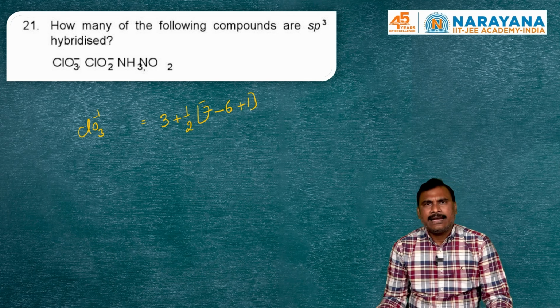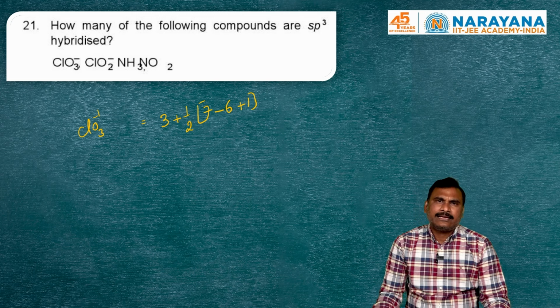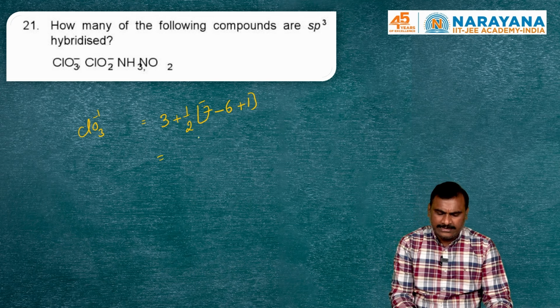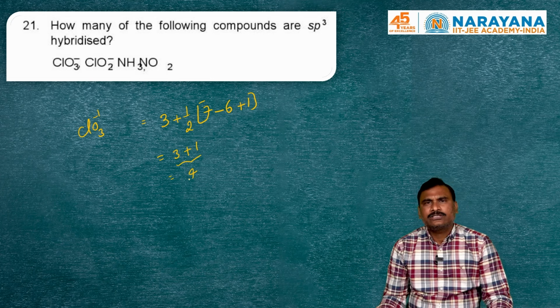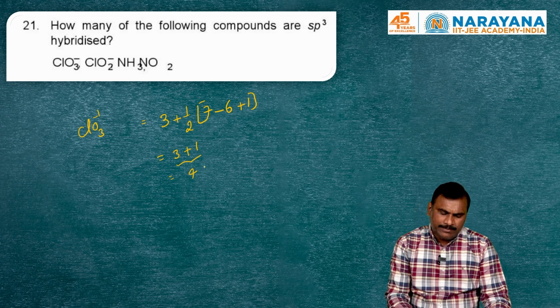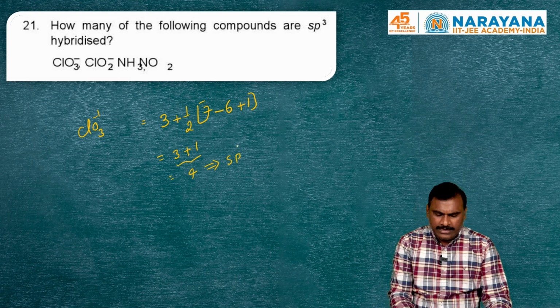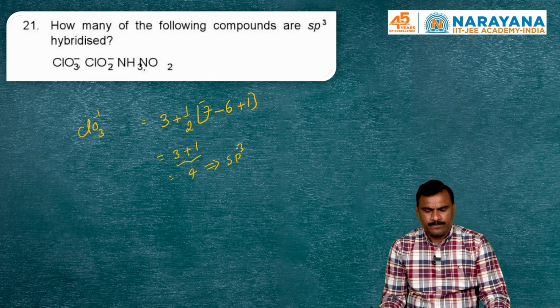Anionic is addition, cation is subtraction. 8 minus 6 is 2, 3 plus 1 is equal to 4. It is called the steric number. Whenever the steric number is 4, it must be sp3 hybridization.